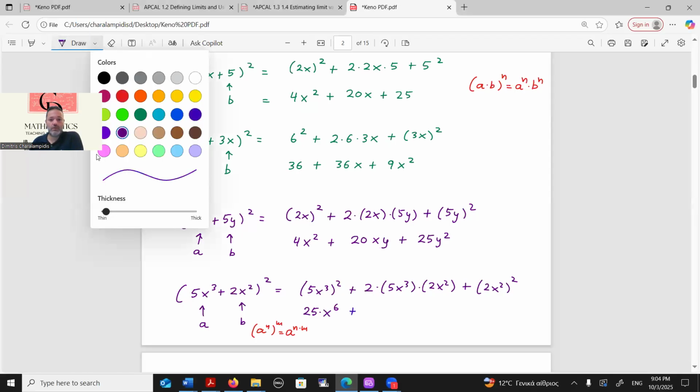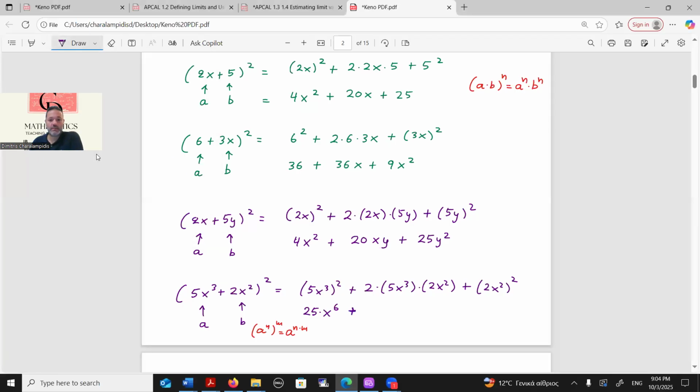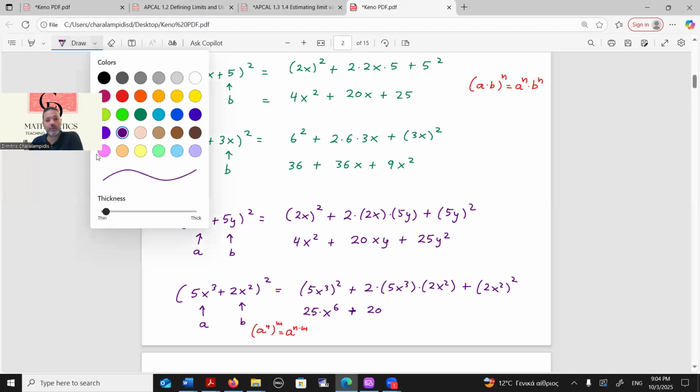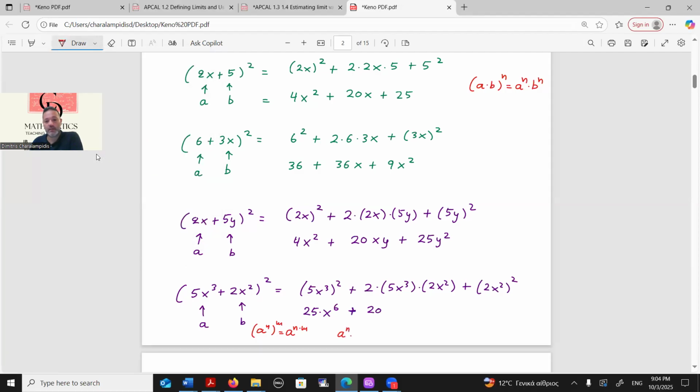Plus 2 times 5, 10, times 2 is 20, x cubed multiplied by x squared. There's another property hidden, which is this, a to the n times a to the m, you keep the same base and add the exponents.